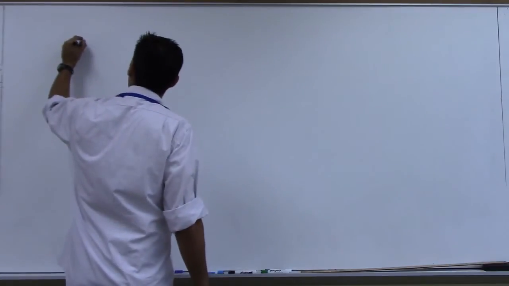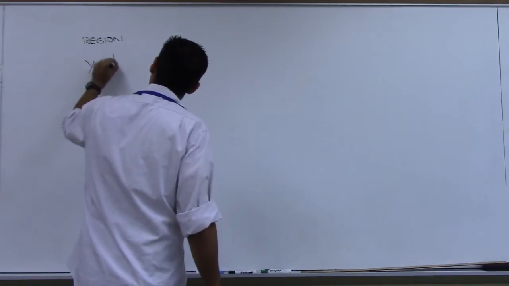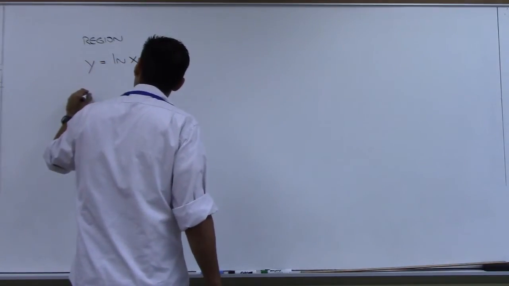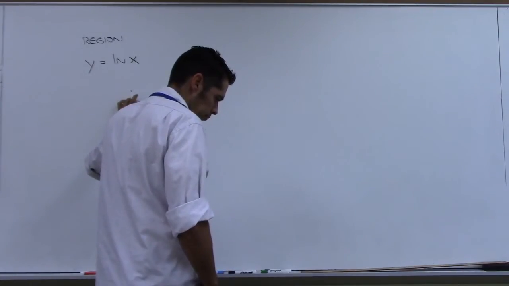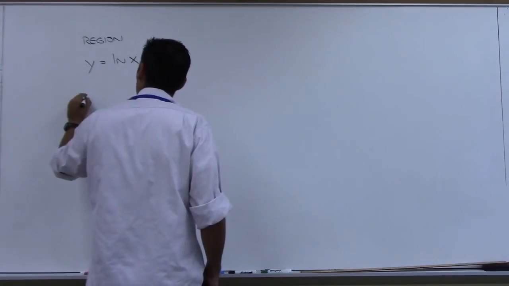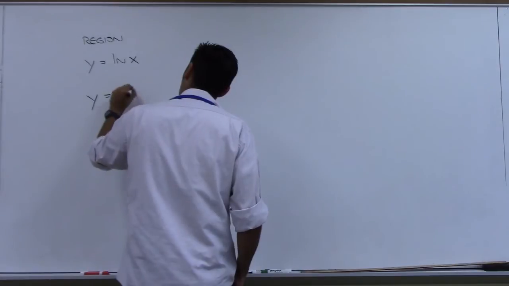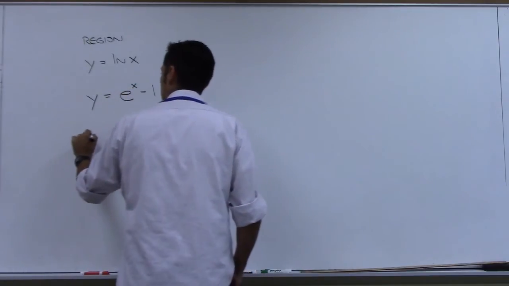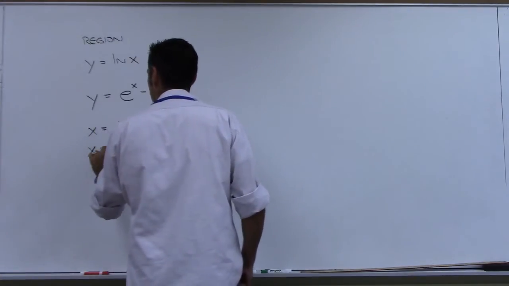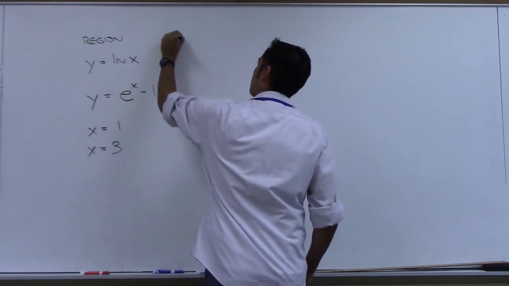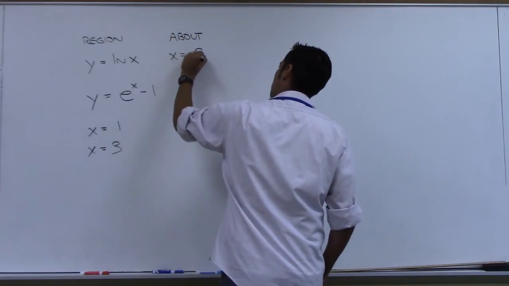So what about you have the region bounded by y equals natural log x, and then y equals e to the x minus 1, and then x is equal to 1, x is equal to 3, and you want to rotate this about x equals 6.